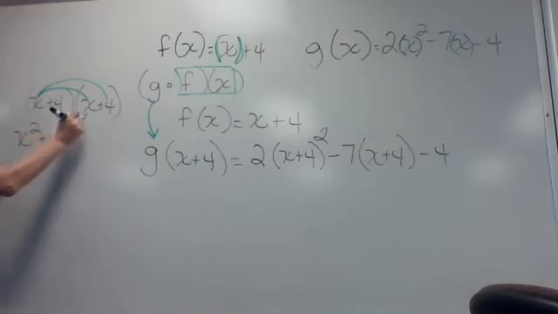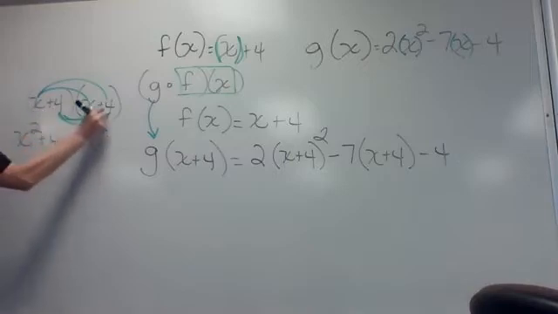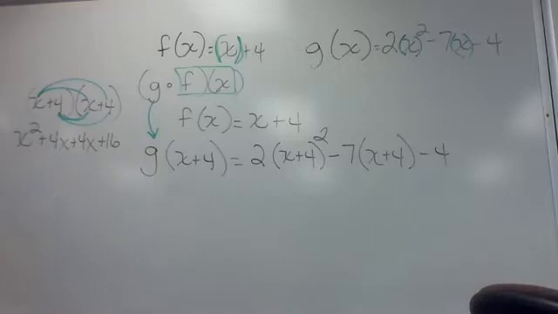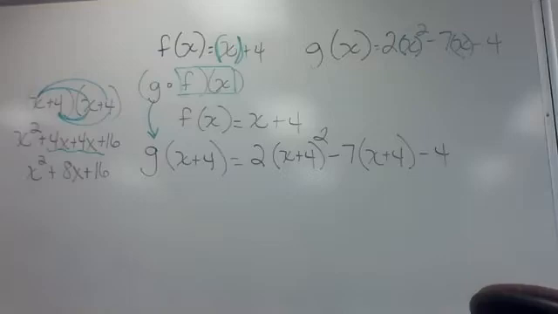On the inside, I have another 4 times x, which is 4x. And then my last 4 times 4 is 16. What can go together? Right, so I have x squared plus 8x plus 16.